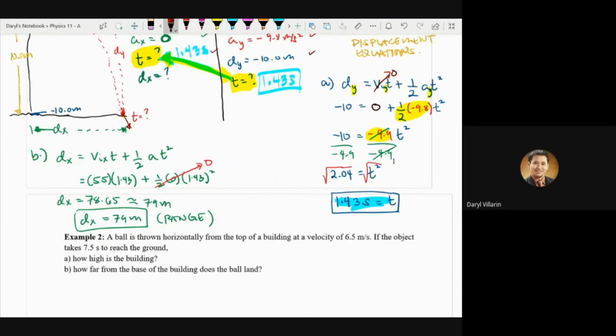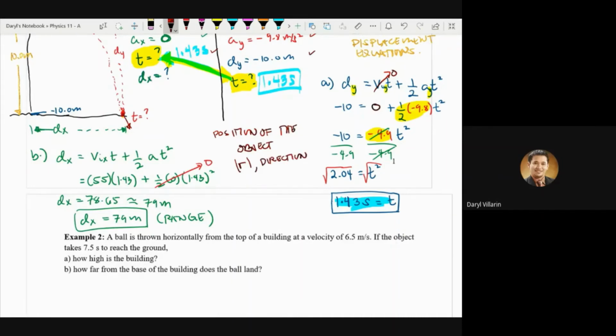If you're talking about its position r, it consists of the magnitude of r plus the direction.